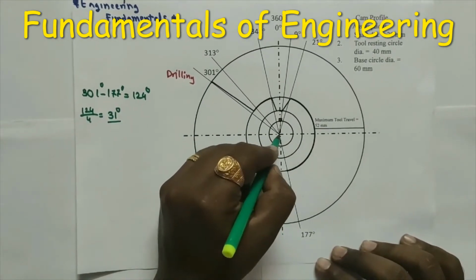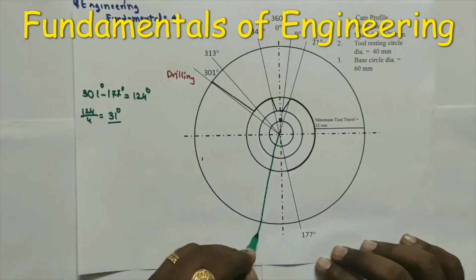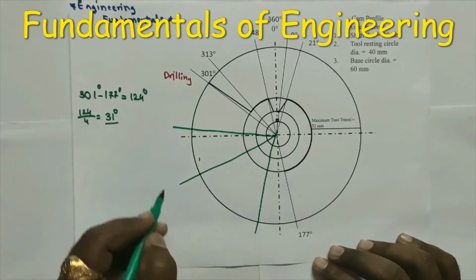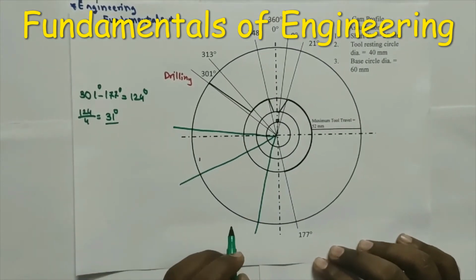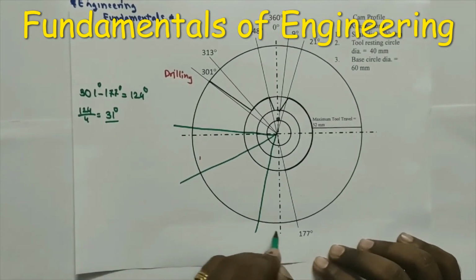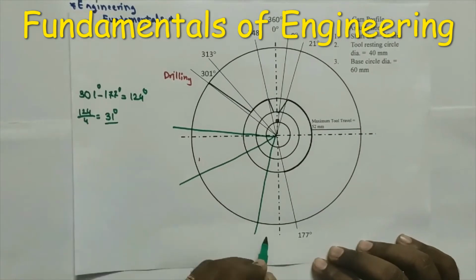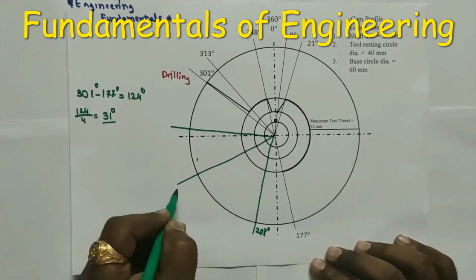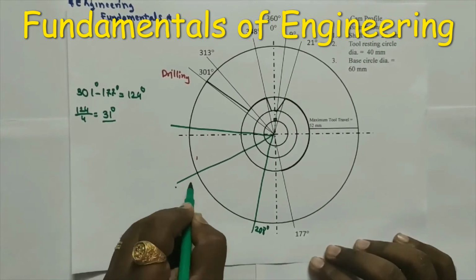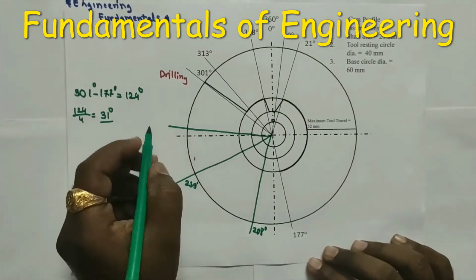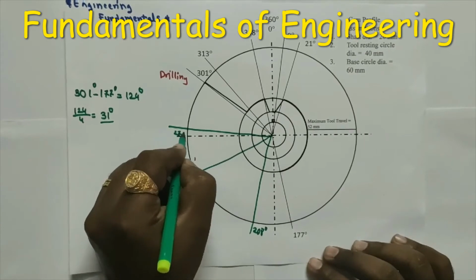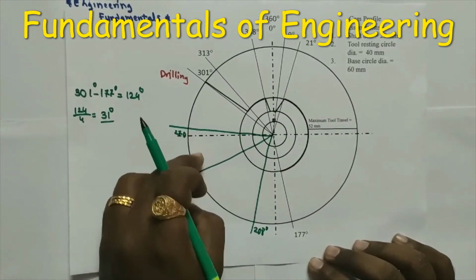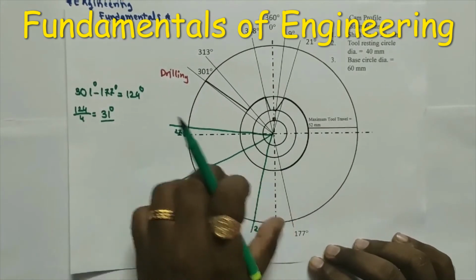So we take 177 plus 31 degree and get 208 degree, then 239, then 270, and finally 301. So we have divided this degree into 4 equal parts.